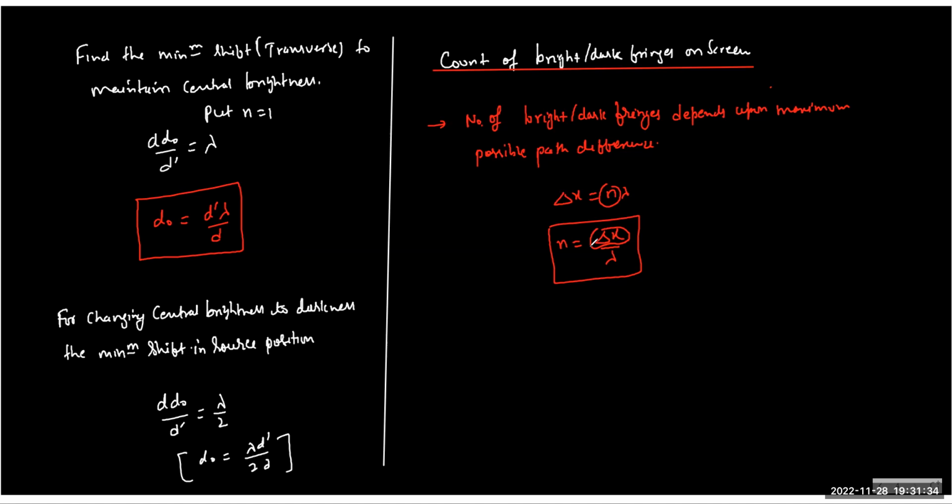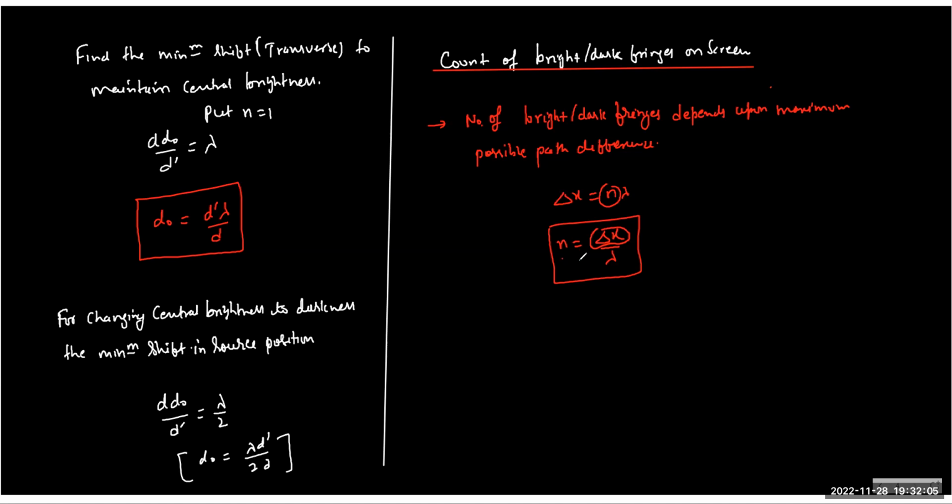No. So we need some path difference so that we can have the count. Delta x may be 2 lambda, 3 lambda, 4 lambda, 5 lambda, 6 lambda, maybe a fraction also. So depending on the maxima, we only look for the integer value to count the maximum or the minimum. So let's see how we do it.